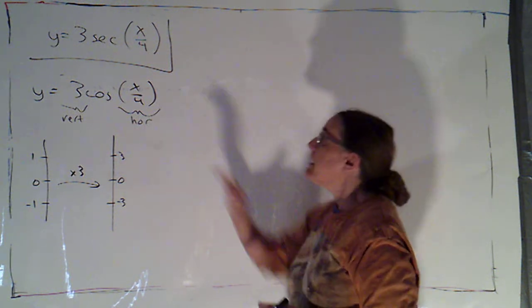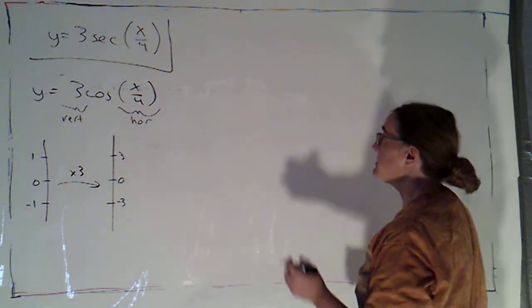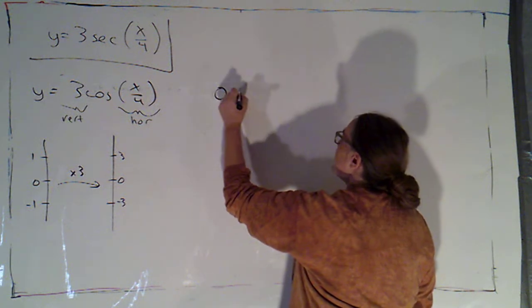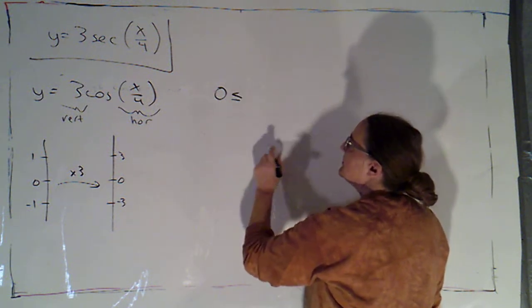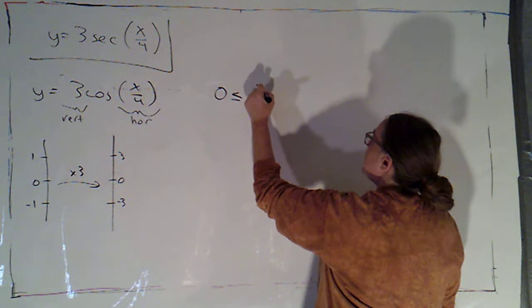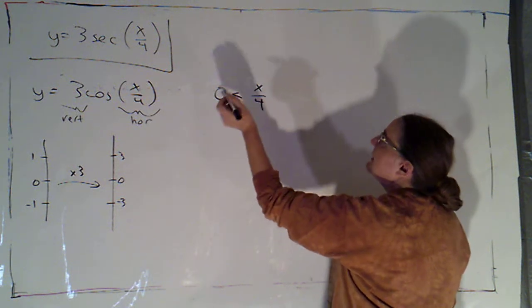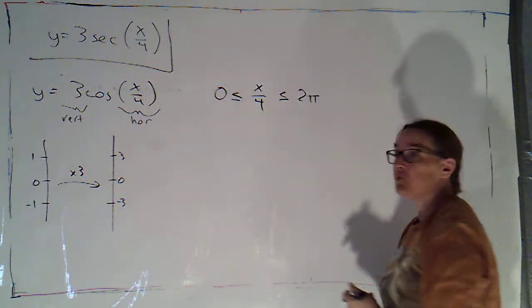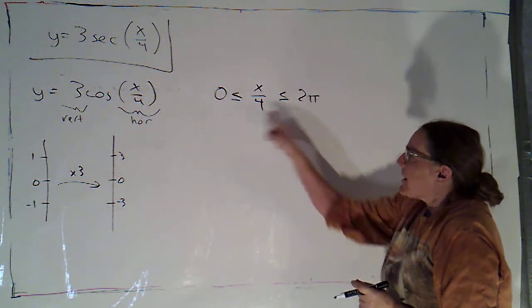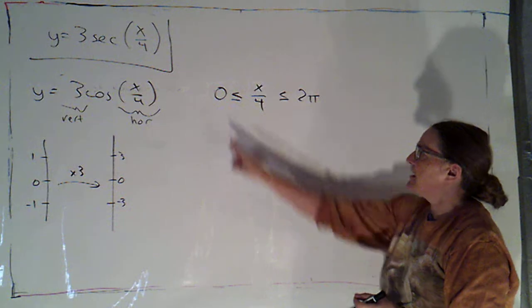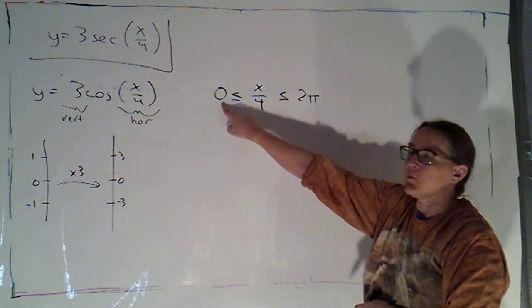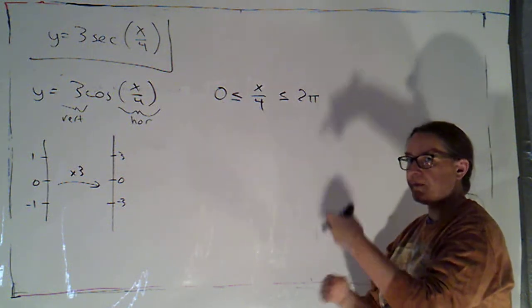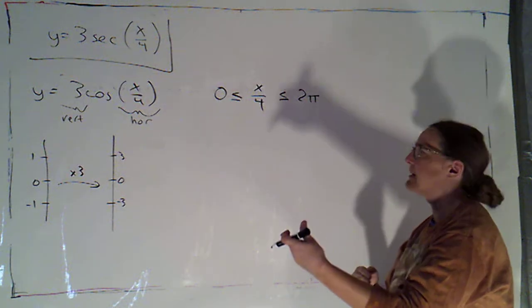Now for the horizontal transformations, we want to remember that cosine would go through one complete cycle as the input varies between 0 and 2 pi. I'm going to probably want to adjust this because cosine at 0 is not 1, so when I'm ready to flip the bumps, that's not going to correspond to an asymptote.